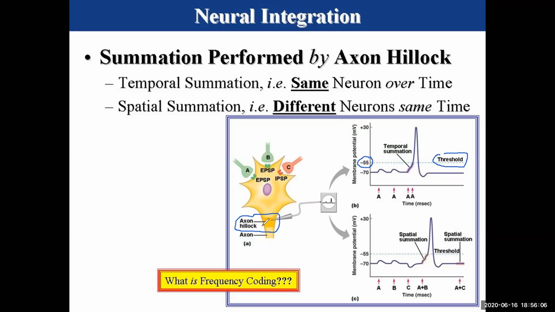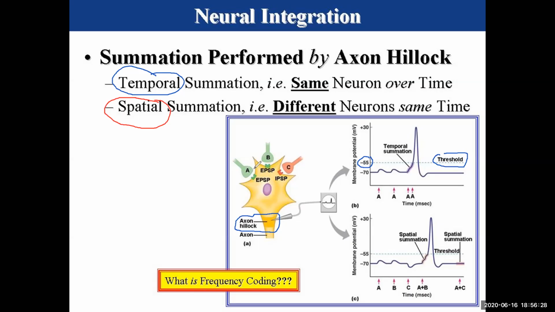Okay? Now, it can add on a time scale, so temporal summation, or it can add spatially, so coming from different parts of the postsynaptic neuron, right?